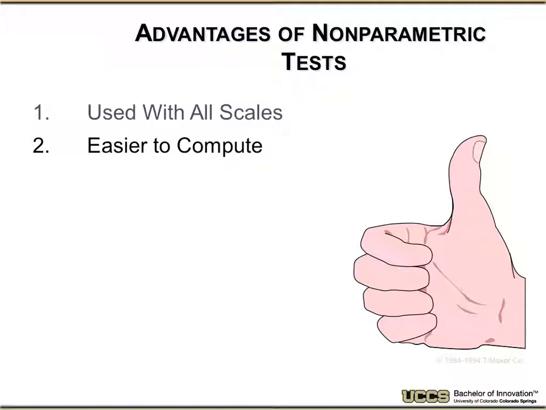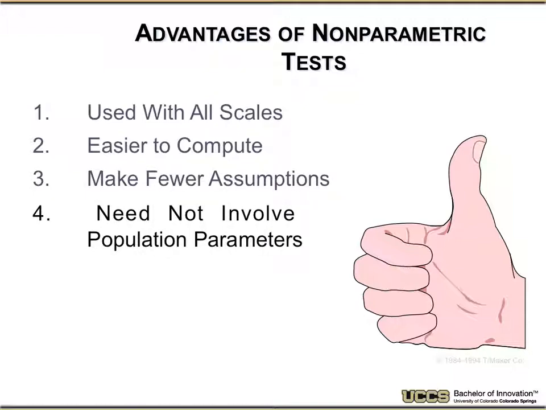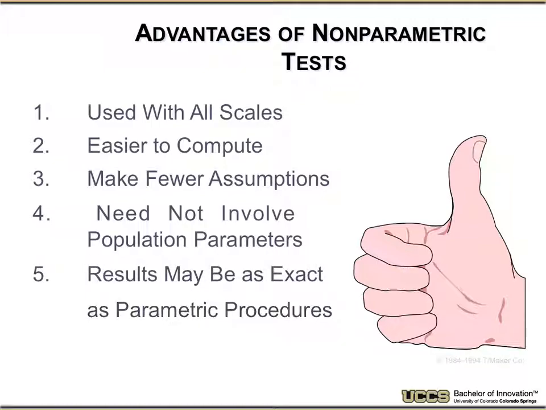They are harder to understand how to compute, for many of them. But with computers, they're a lot easier. Once you can figure out what function to call, it's okay. They make fewer assumptions. They don't involve population parameters. They apply over a wider range of data. The results can easily be as exact as a statistical test with parametric procedures, okay?